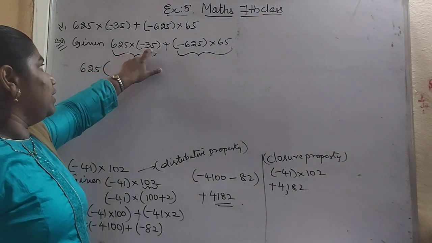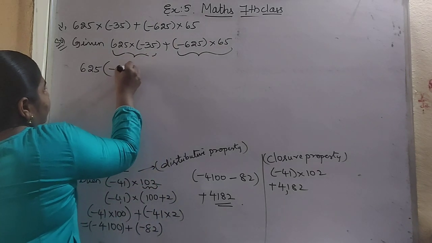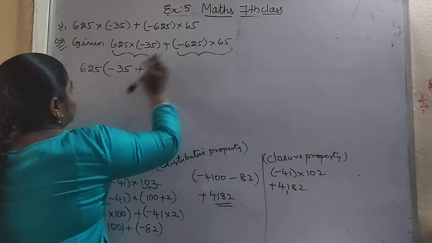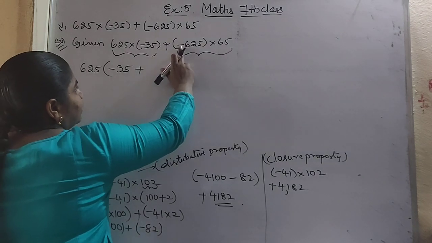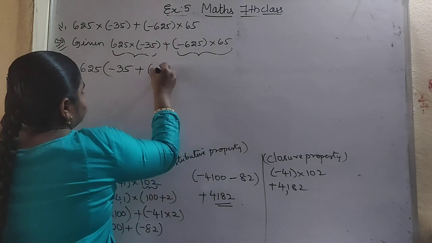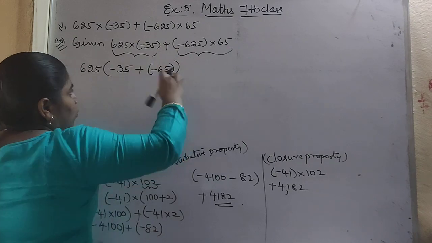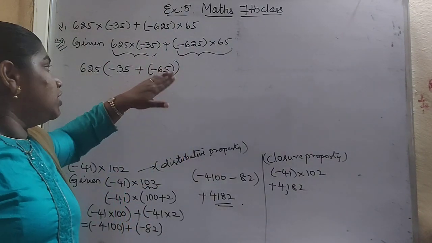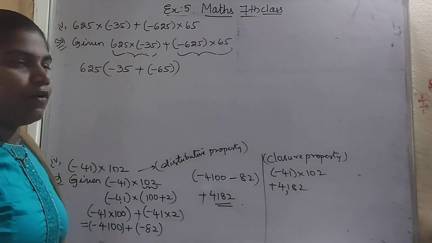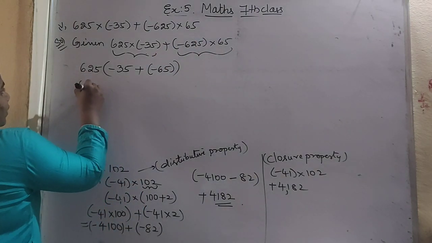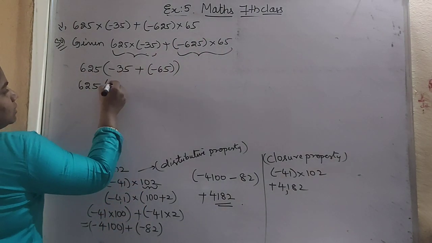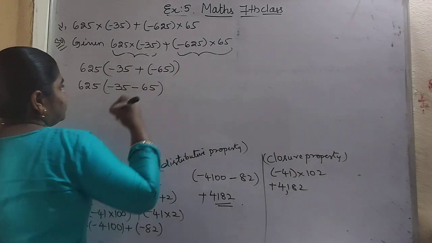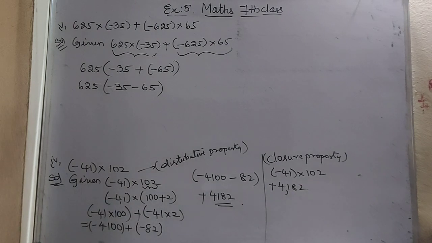So what is the remaining number? Minus 35. Now plus, in this set also I have taken 625 as common. So what is the remaining? Minus 65. Only 625 I have taken common. Minus is as it is, so that minus I have taken to 65. Now solve this: 625 into minus 35 plus into minus is minus 65.